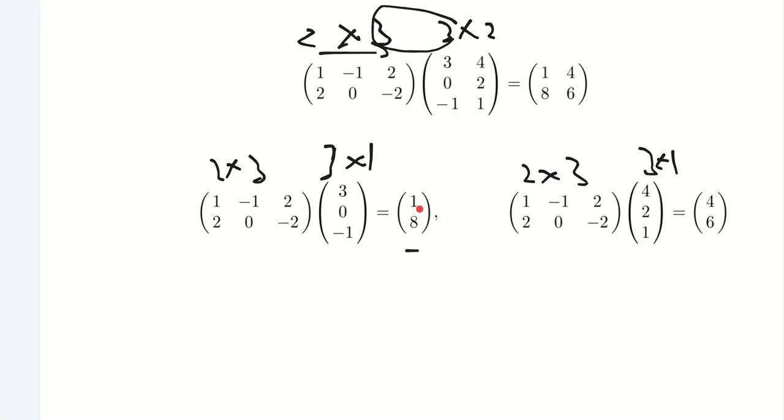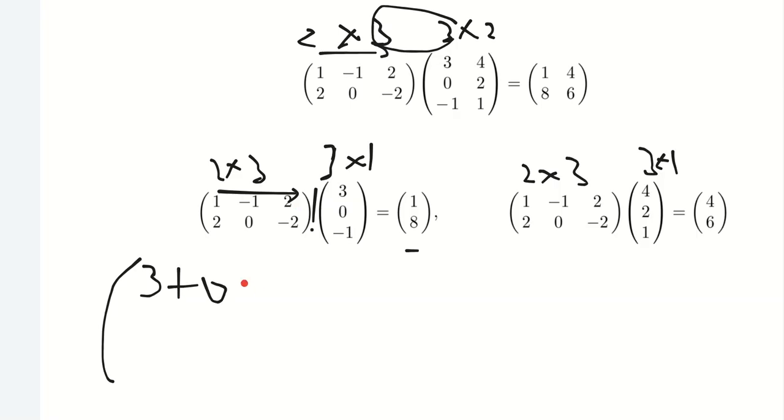Here the rows act on the columns. Let's pick this one, maybe this is simple. So let me pick my big bracket here. This will multiply this, I get my 3 here. Then this will multiply this, I get plus 0.